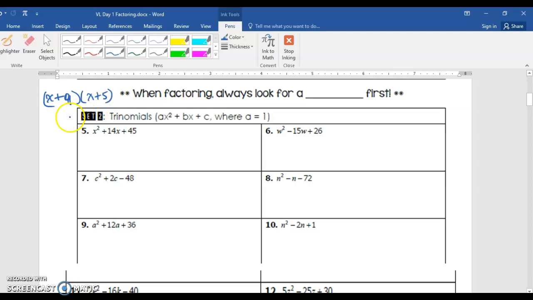You can use FOIL or the box multiplication. X plus 9 times x plus 5. So this is x squared, this is 5x, this is 9x, and this is 45. You see that 9 times 5 is 45, which we see here and here. And 9x plus 5x is 14x, isn't it?